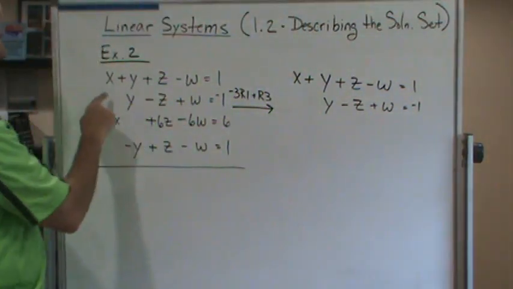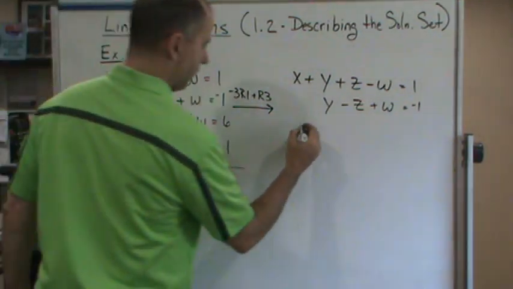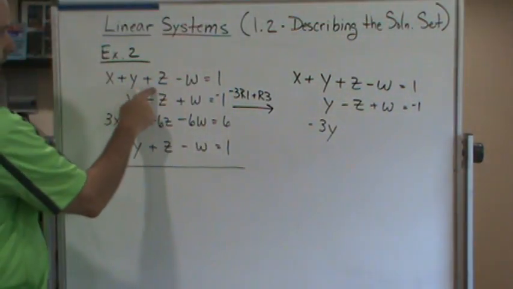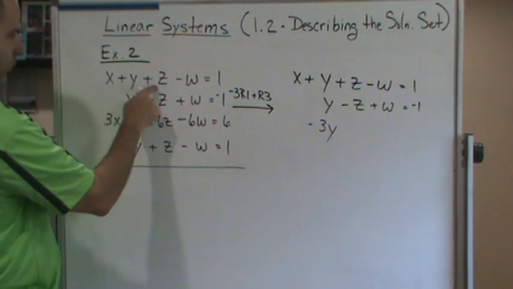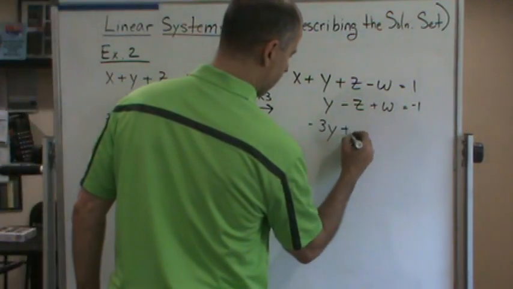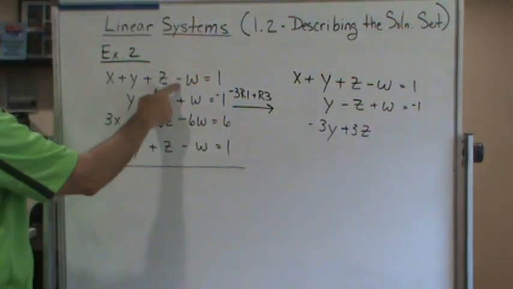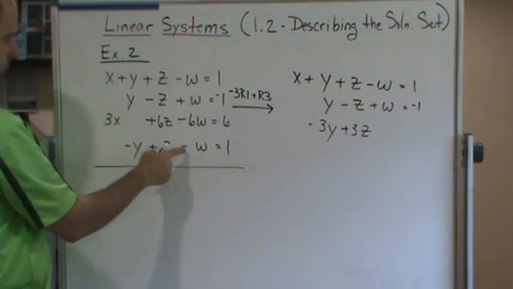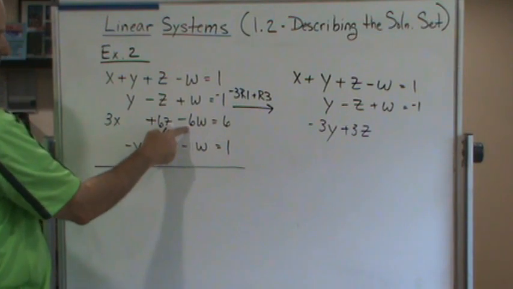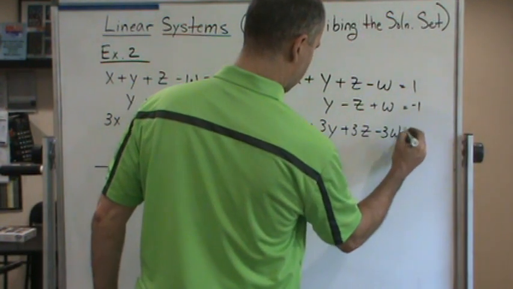Okay, so -3 is going to cancel this out, -3y. Then I'm going to get a -3y here. And then -3z plus 6z is 3z. And then positive 3w minus 6w is minus 3w.